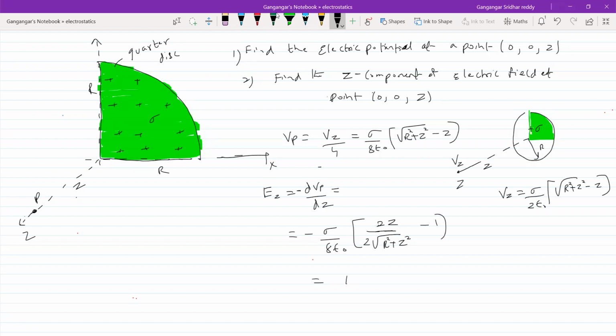I'm differentiating with respect to z, so sigma by 8 epsilon naught times 1 minus z by root r square plus z square. This is only the z component of the field, not the total field. You have to be very careful in exam questions of this kind.